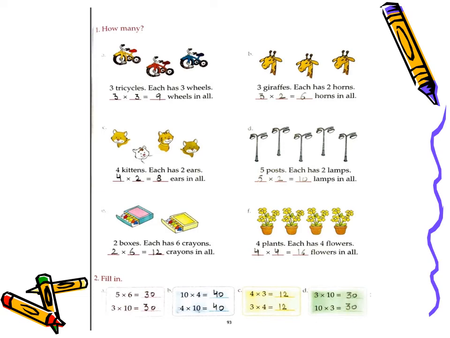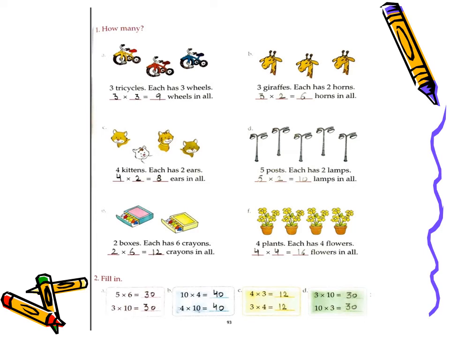Fill in. A part, 5 into 6 equals 30. Also 3 into 10 equals 30. The answers are similar. B part, 10 into 4 equals 40. 4 into 10 equals 40.